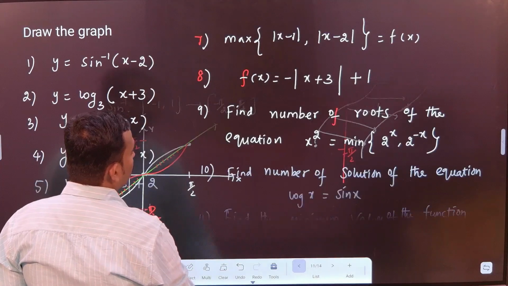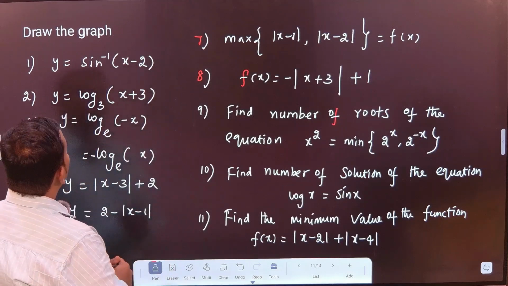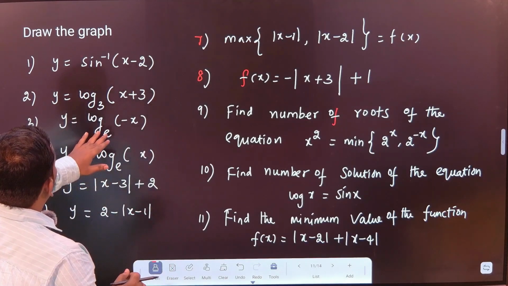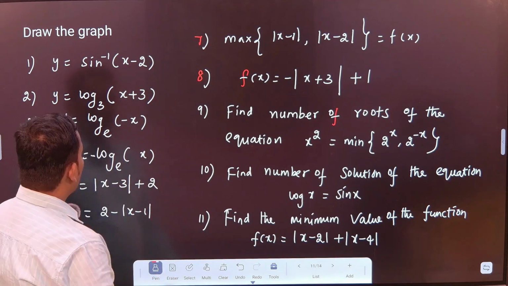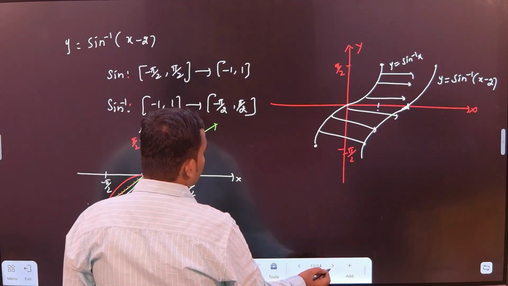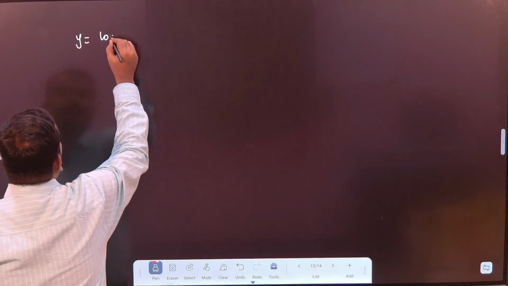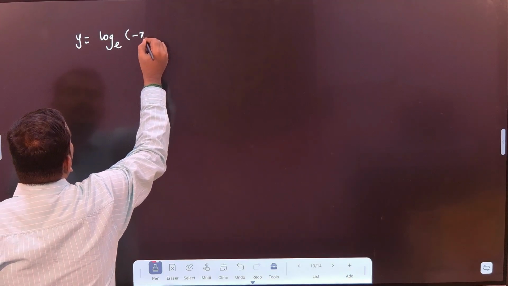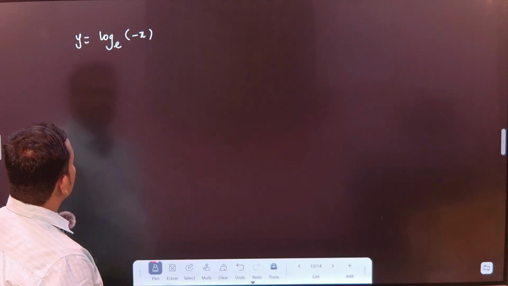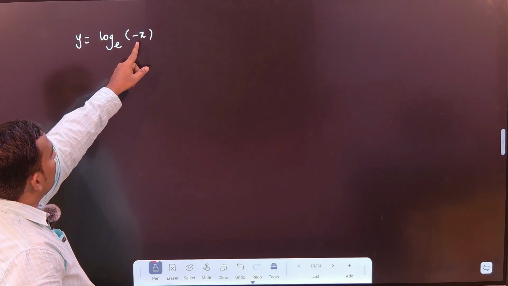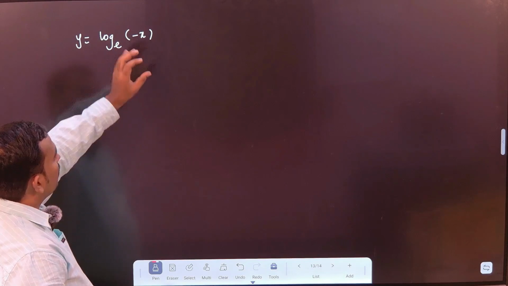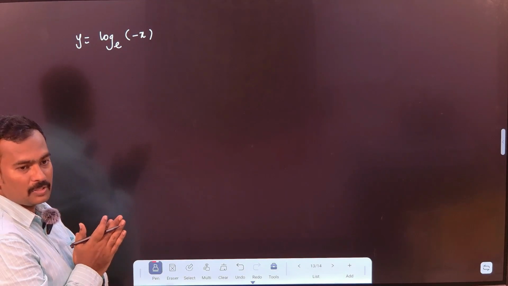Okay, next you can see, what is the next graph? Log minus x base e graph, log minus x. So y is equal to log minus x. You can see when this is possible, x must take negative values, right? Because then only the input will be positive, right?